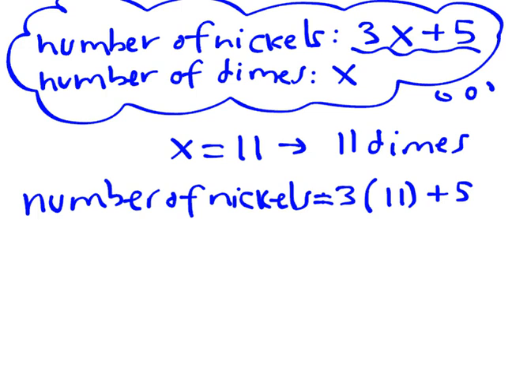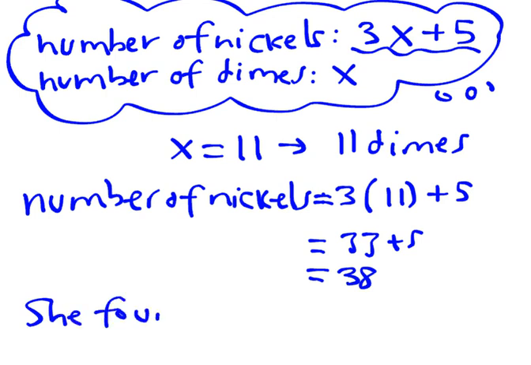So 3 times 11 is 33 plus 5, and that's 38. So the question here was how many nickels did she find? So she found 38 nickels. Have fun practicing algebra and math stories.